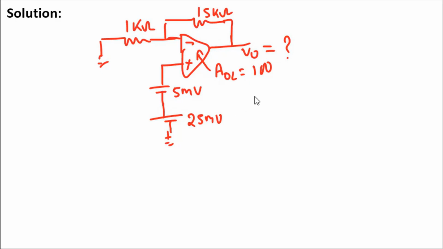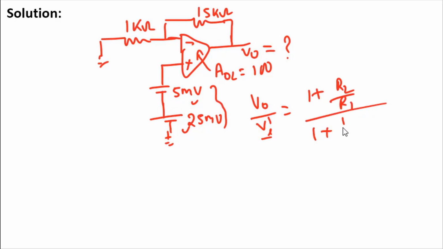So you can write the gain of this non-inverting amplifier as V0 upon Vi dash, where Vi dash contains the two voltages, one is your input and one is your input offset voltage, and this will be equal to 1 plus R2 over R1 upon 1 plus 1 over AOL, where AOL is the open loop gain of this op-amp, times 1 plus R2 over R1.